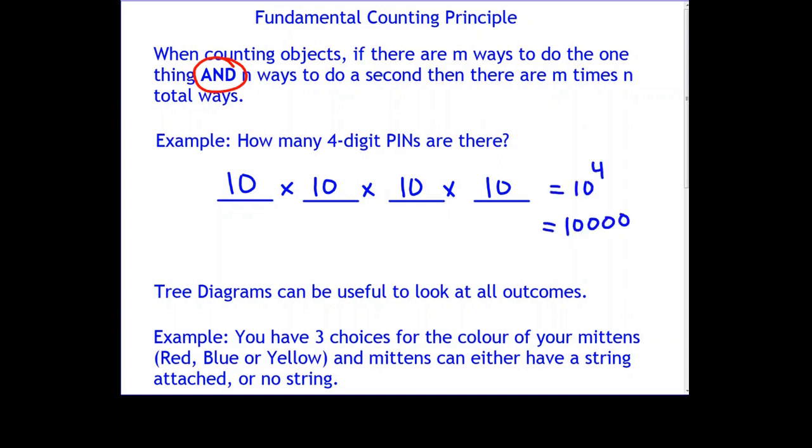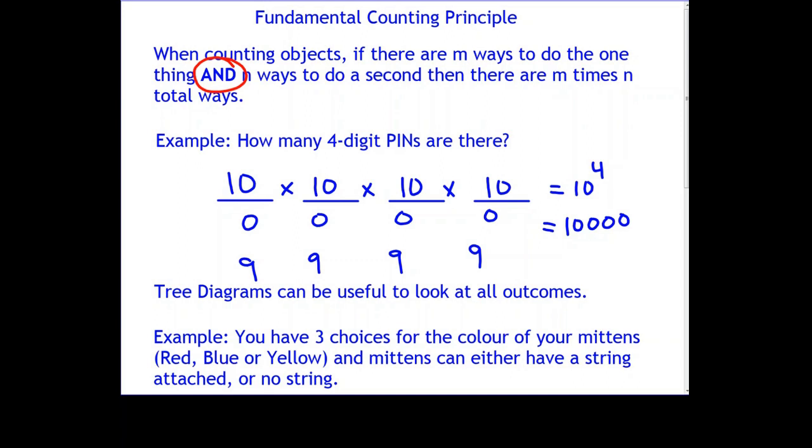We could start a pin at 0, 0, 0, 0 and increase by 1 every time, and we would stop at 9, 9, 9, 9. So from 1 to 9,999 would be 9,999 possibilities. Add in 0, 0, 0, 0 as a possibility, and you get 10,000 possibilities.